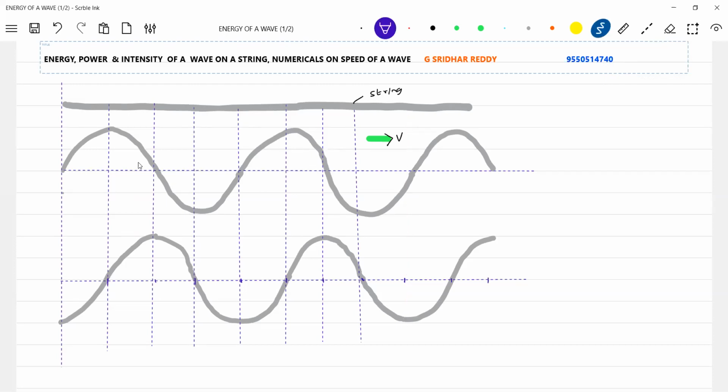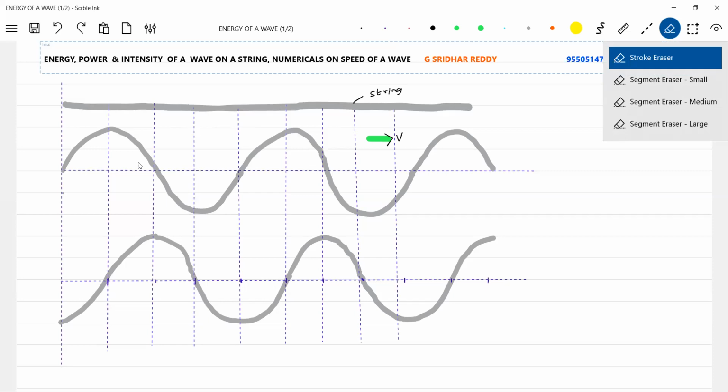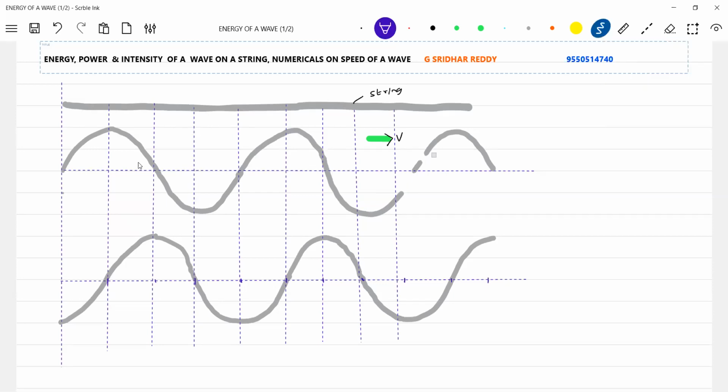I think this was a problem, no? I have to redraw it. Let me redraw it again. It may give wrong information. Only this part.